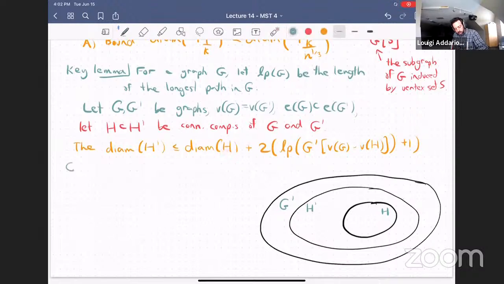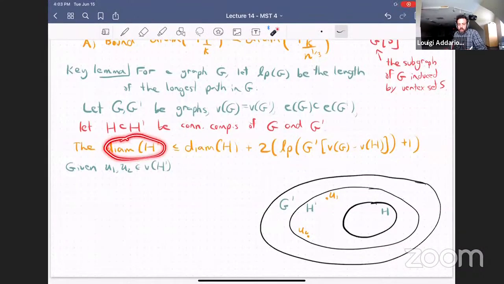Okay, so if we're given vertices U1 and U2 in H prime, okay, so here's U1 and here's U2. Well, one way that we could build a path from U1 to U2, right? If we're trying to bound the diameter of H prime from above, it suffices to bound the length of the shortest path between any two vertices in H prime from above, because the diameter is just the longest such length, right?